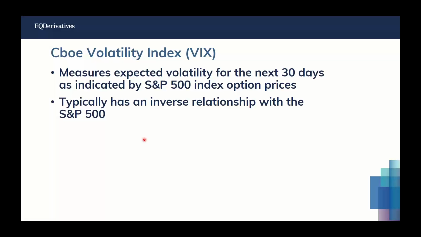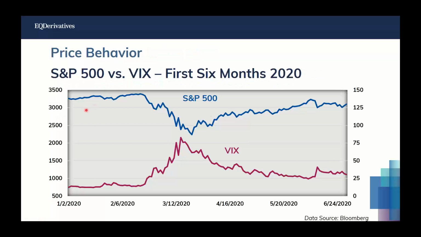When there is more volatility expected out of the S&P 500, VIX will go up. When there is less volatility expected, VIX will move lower. Typically, higher volatility is associated with downside moves in a broad-based index, so we do have that inverse relationship between VIX and the S&P 500.